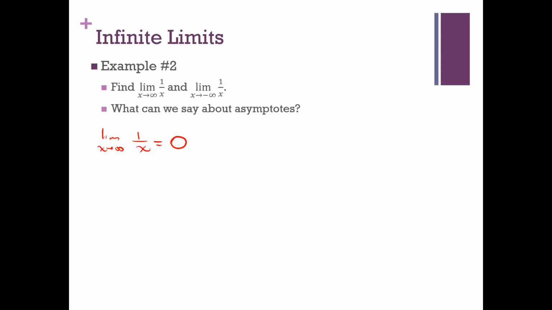Like I said, that kind of came up organically before class. What if we go the other way? As x gets smaller and smaller without bound, what's this limit going to be? It's also 0, right?